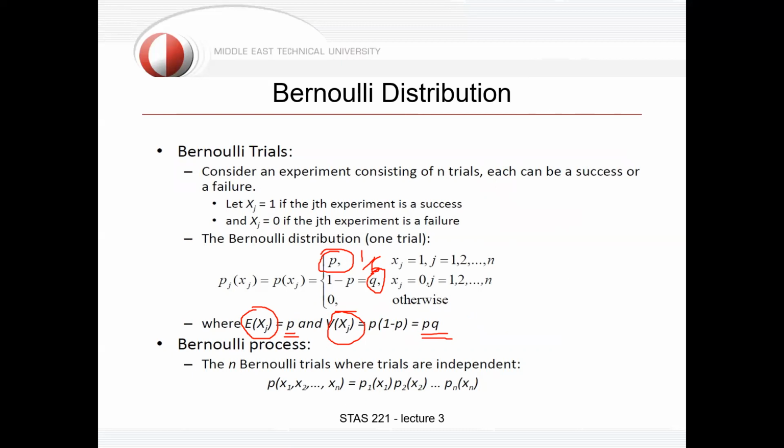And the good thing about Bernoulli trials is that they are independent, okay? So when you want to find the probability of outcomes inside these Bernoulli trials, it's very easy because by multiplying them, you can find it. This equation holds only if all of them are independent, right? Otherwise, we cannot use this formula for all the distributions.